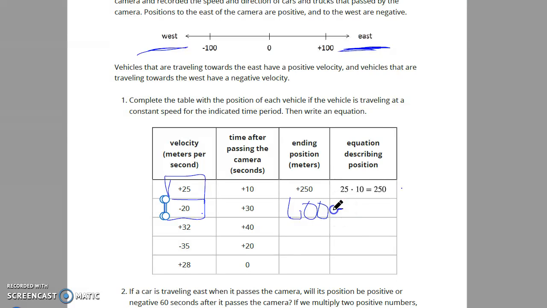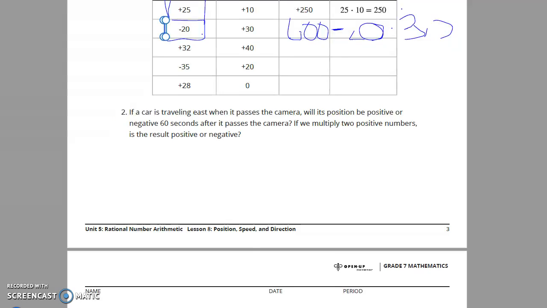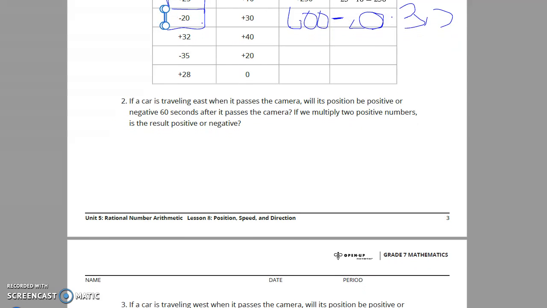Or our equation is negative 20 times 30. You're going to do that for each of the remaining table boxes.